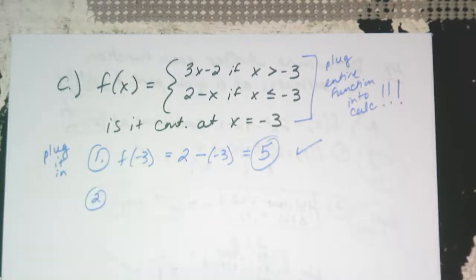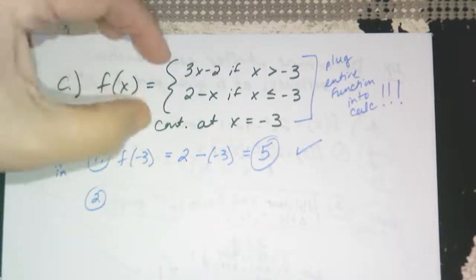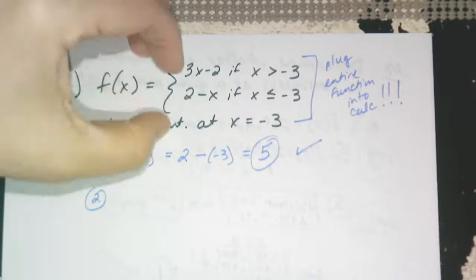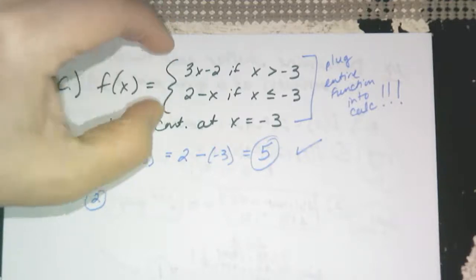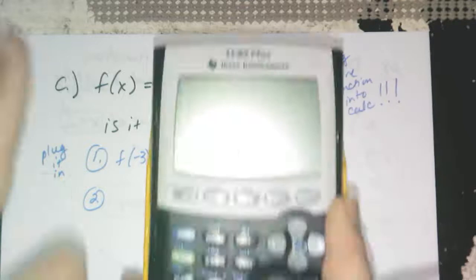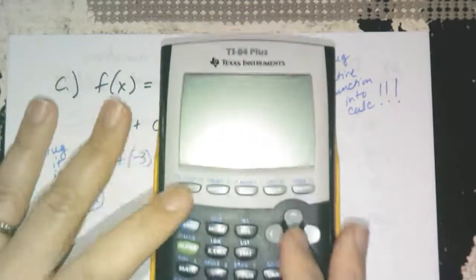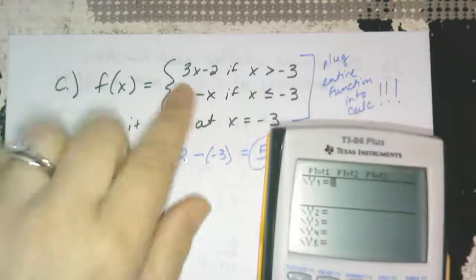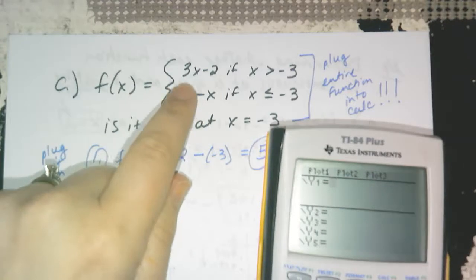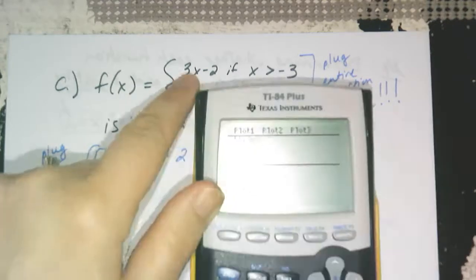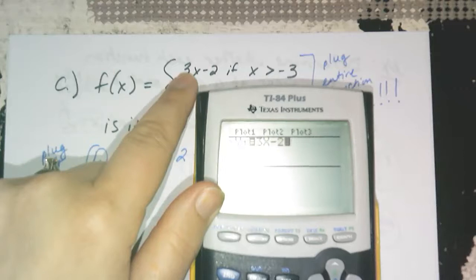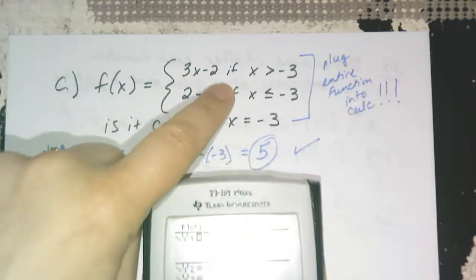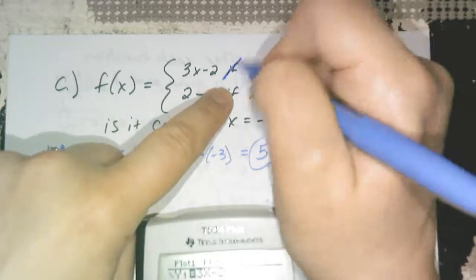All right, so for test 2, you have to plug the entire function into your calculator, not just the one piece, both pieces, or 3 pieces, however many pieces. Go to your calculator, everybody. Into y1, watch how I do this. You are going to type 3x minus 2. Now watch what I do. If it says if, or if it has a comma, you are going to put the division symbol.